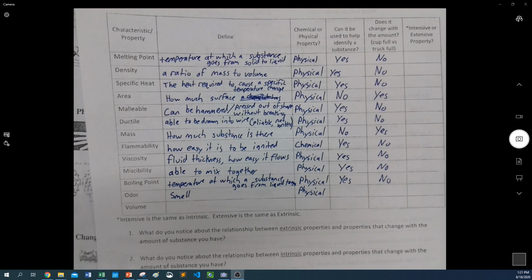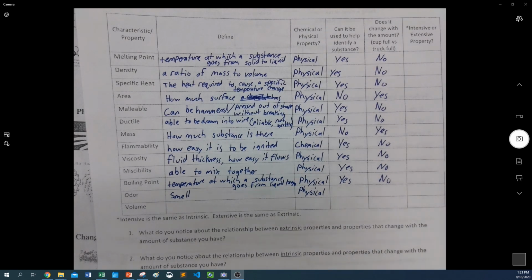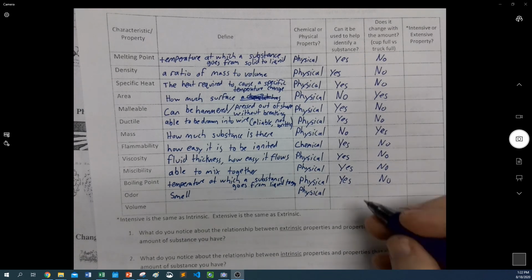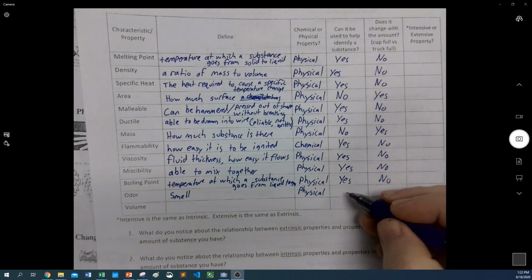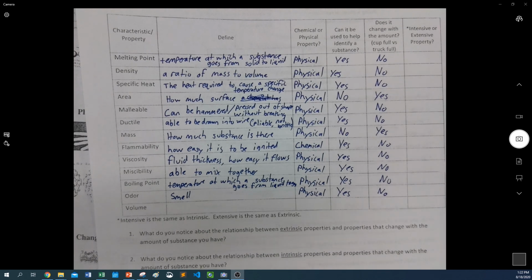So in some sense, odor is chemical in the sense that you are losing and destroying some of the sample. You're altering it. But for purposes of this class, I'm going to say it's physical because you're only using a very small sample. Yes, this most definitely can determine what it is. And no, it doesn't depend on the amount you have.